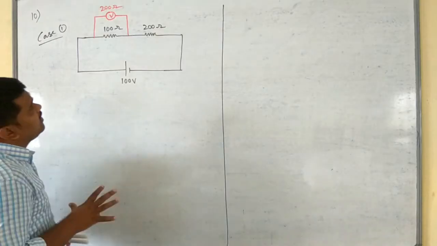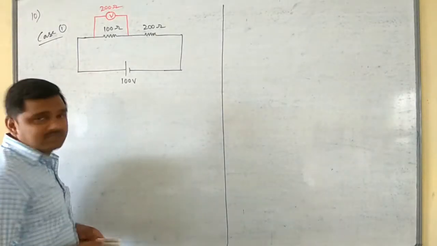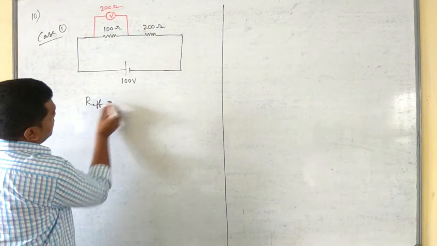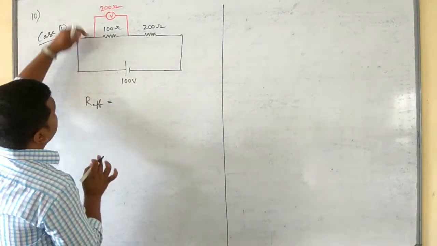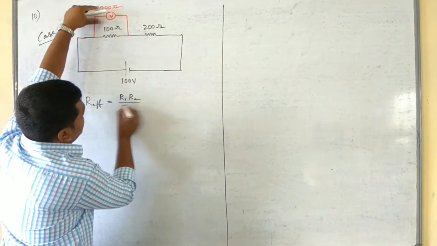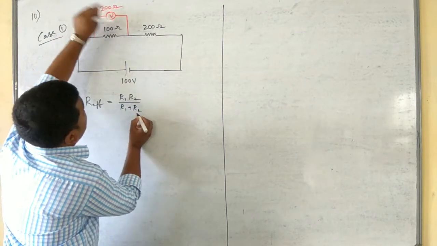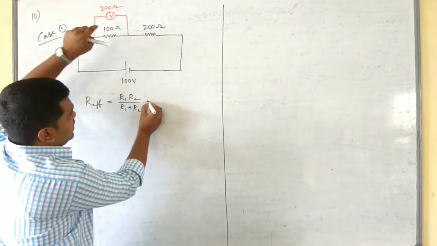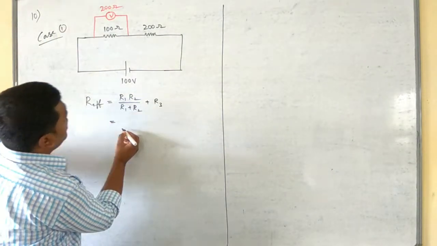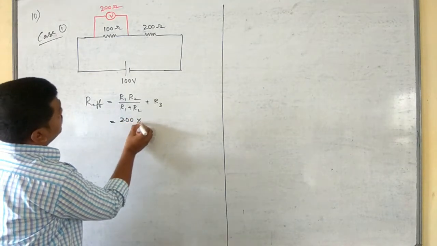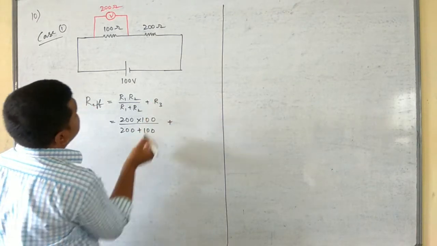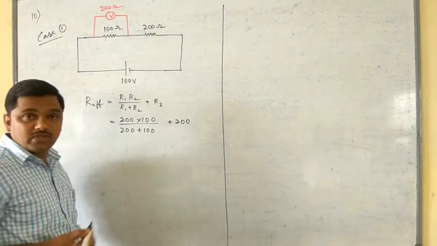First of all, we want to find out the effective resistance of the combination, R effective. These two are in parallel: R1 R2 divided by R1 plus R2, and then it is in series with 200. Next, R1 into R2 means 200 into 100 divided by 200 plus 100, plus 200.